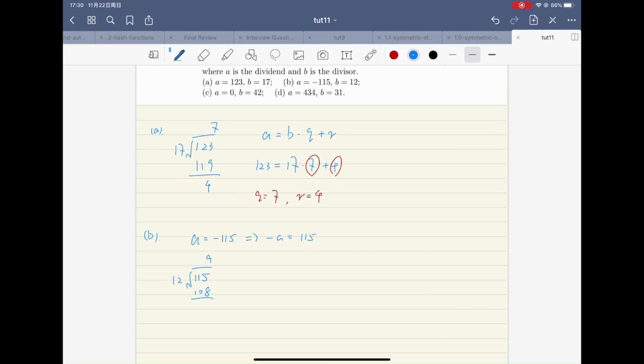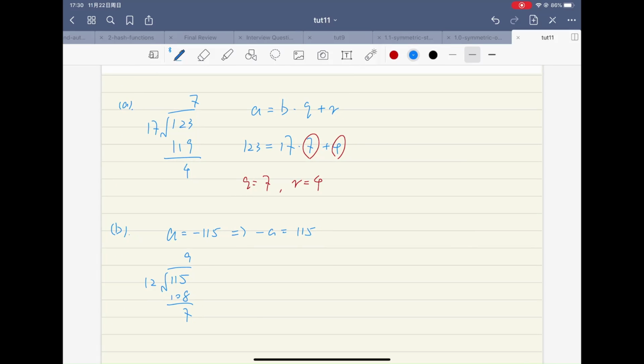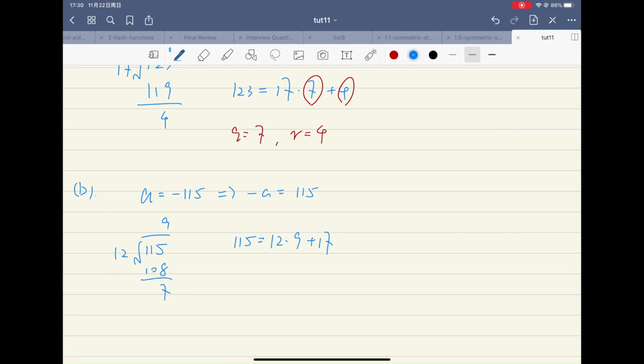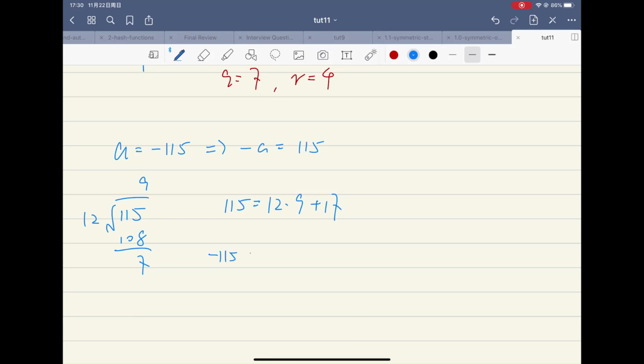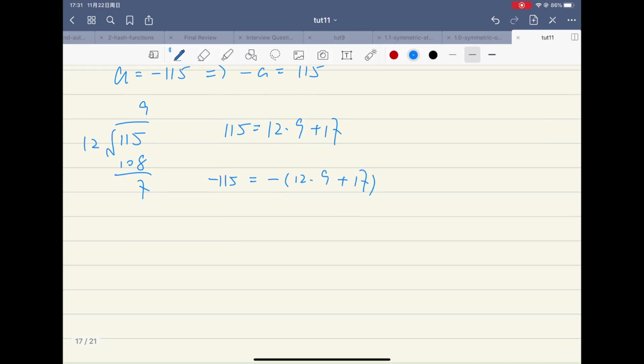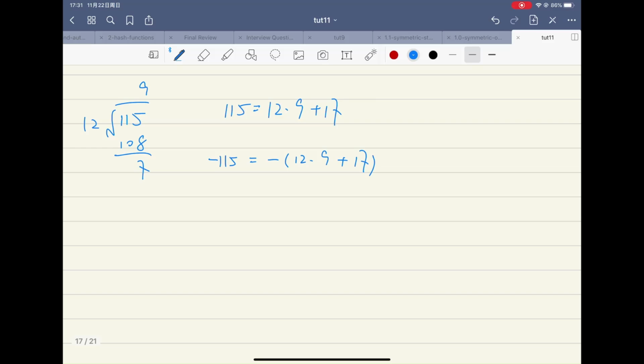We have 108, and 7 is the remainder, which implies 115 equals 12 times 9 plus 7. But our target is negative 115, right? So we have negative 115 equals negative 12 times 9 minus 7.